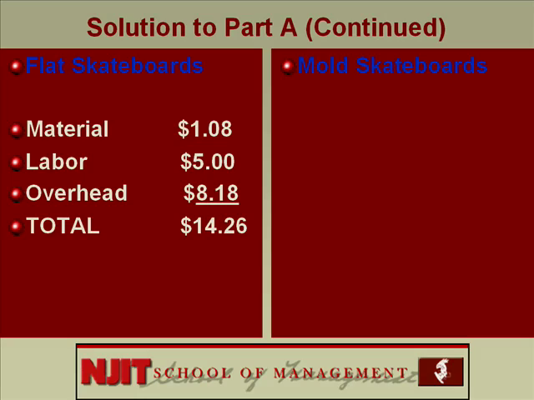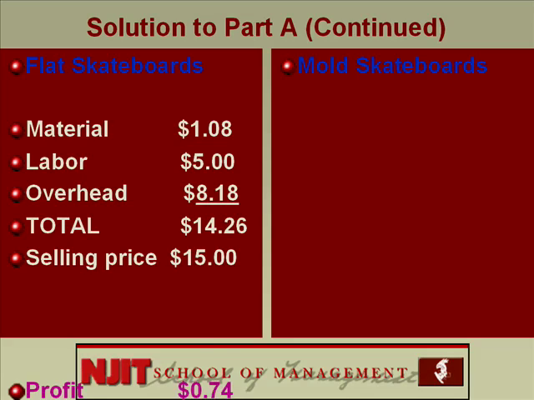So the total cost is $14.26. The selling price is $15. So you estimate they make a profit of 74 cents per skateboard.